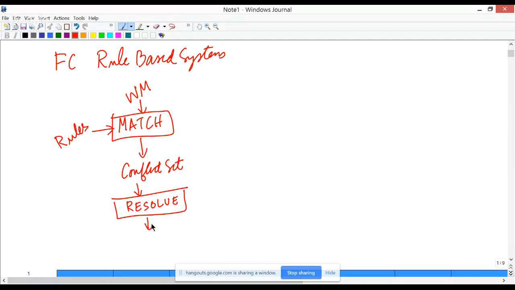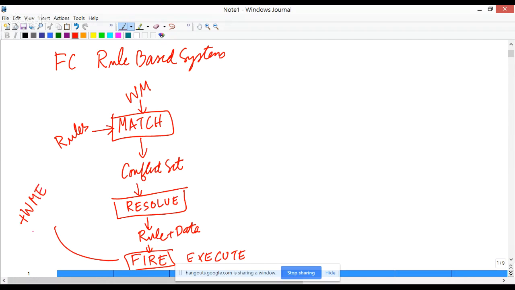That was a separate process of conflict resolution which we studied. And then it gave us one rule plus data. Data is the working memory elements, and it was sent to a module called fire, or maybe we called it execute. And what this did was to produce some new working memory elements and delete some working memory elements.